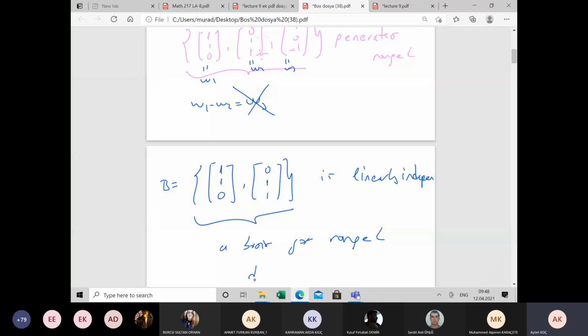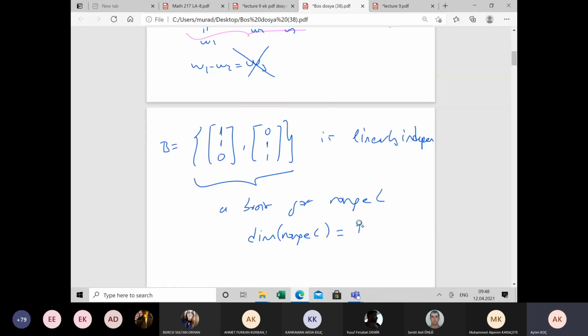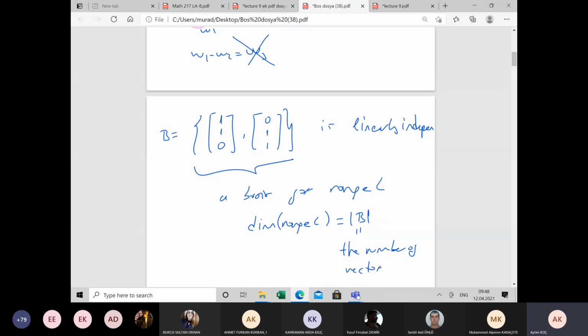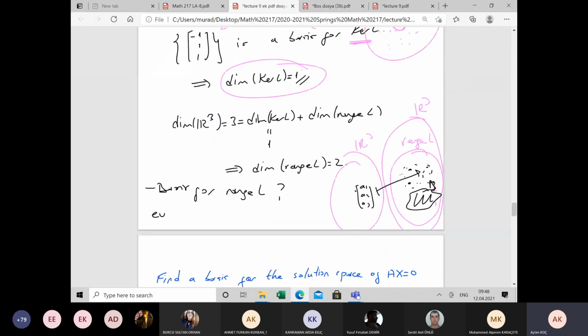The dimension of the range of L is the number of vectors in B. It's not the determinant; if B is a matrix that would be the determinant, but B is a set, so it is the number of vectors in B. This one is 2. The dimension is 2. Let's come back, our aim was to check that this dimension is 2. Any question?